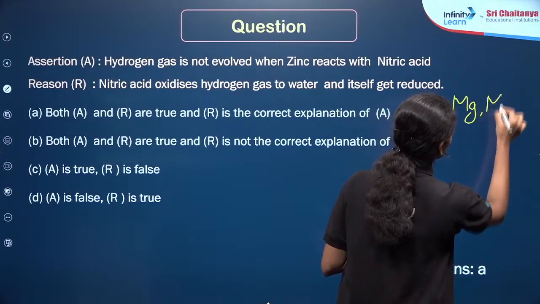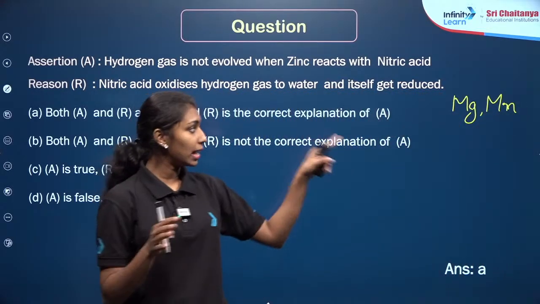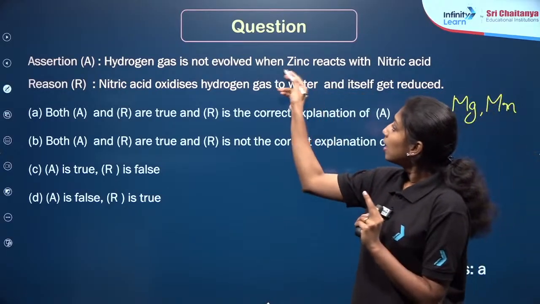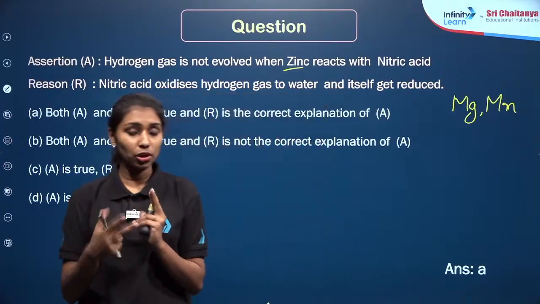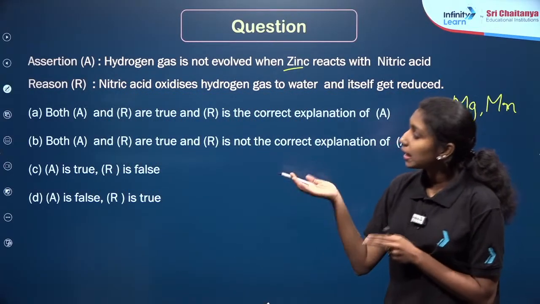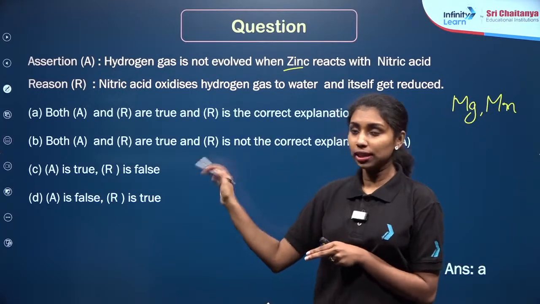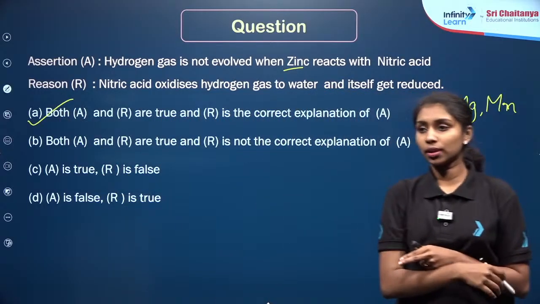If you take magnesium or manganese reacting with dilute HNO3, you will get hydrogen as the product. But with any other metal like zinc, it does not produce hydrogen, because of the higher oxidizing character of HNO3. So the assertion is correct, the reason is also correct, and the reason is the exact explanation for the assertion. So option A is our correct answer. Clear?